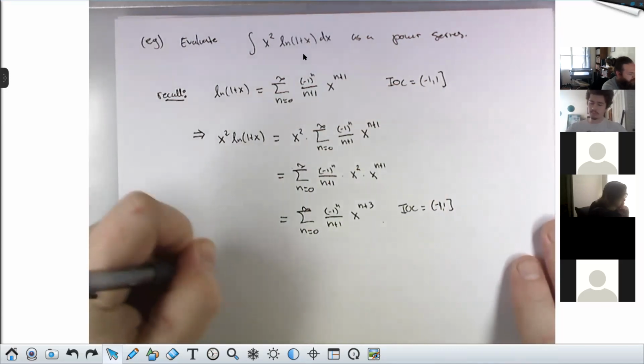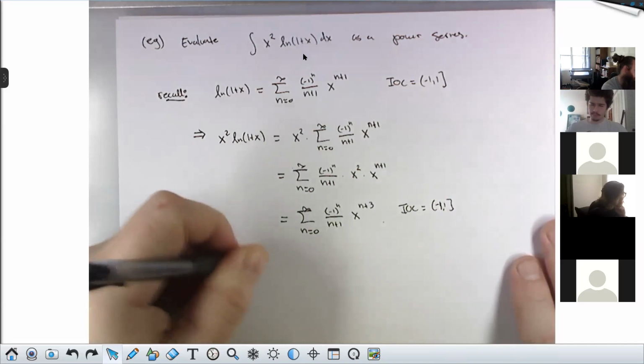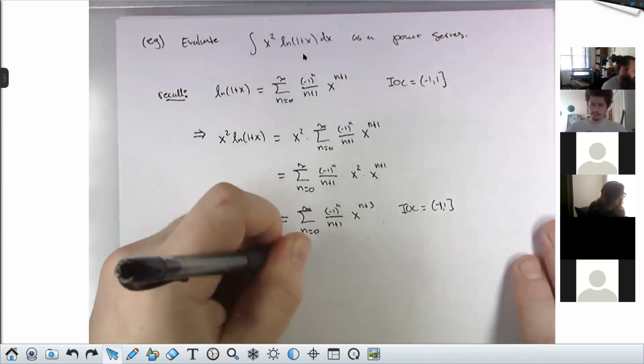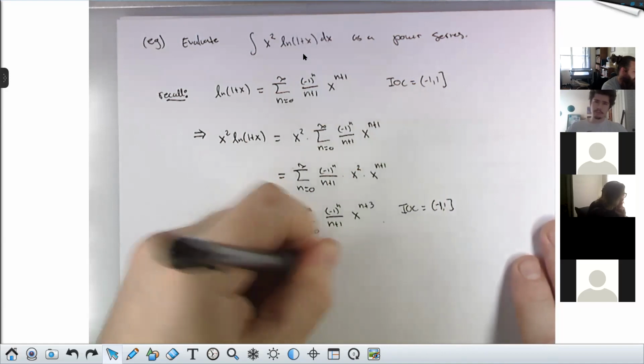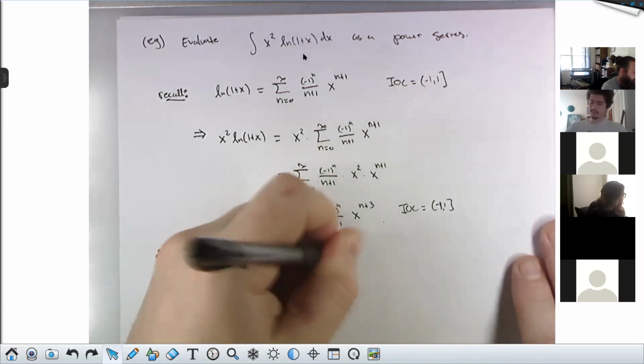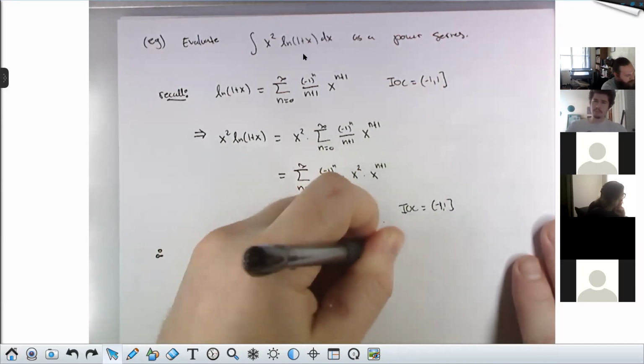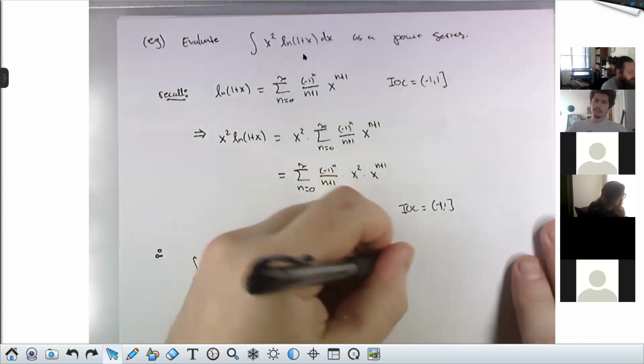Therefore, the integral of x squared times the natural log of 1 plus x dx is the integral of this series, sigma n from 0 to infinity, -1 to the n over n plus 1 times x to the n plus 3 dx.